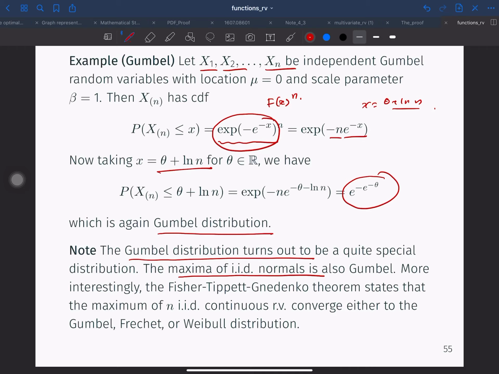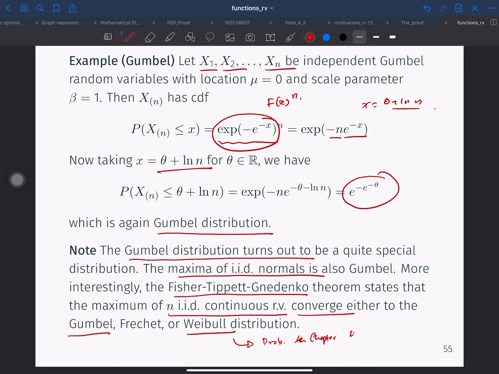More interestingly, the Fisher-Tippett-Gnedenko theorem, which is a classic theorem in order statistics, states that the maximum of a collection of IID continuous random variables, independent and identically distributed, the maximum of n random variables with the same distribution, converges either to the Gumbel distribution, which we just saw, or to the Weibull distribution, which I think is a problem in chapter 4.